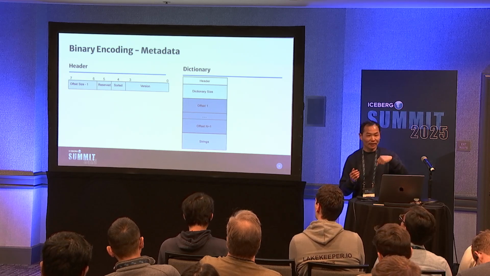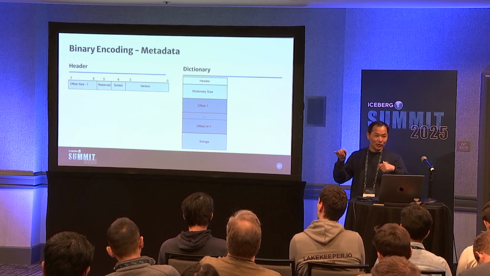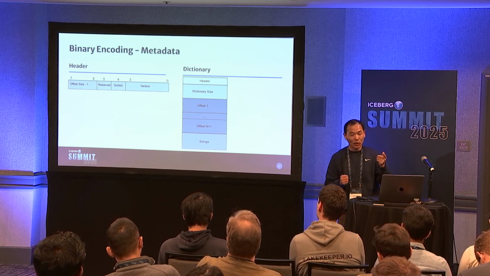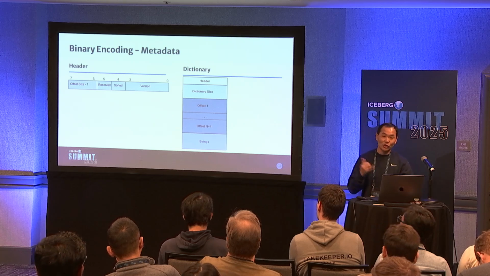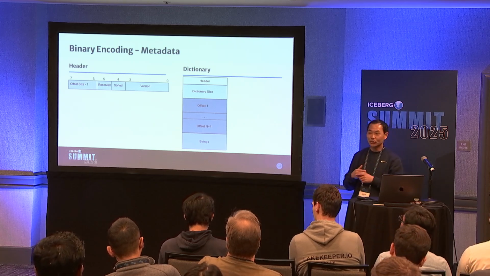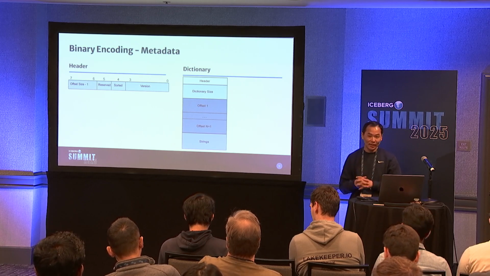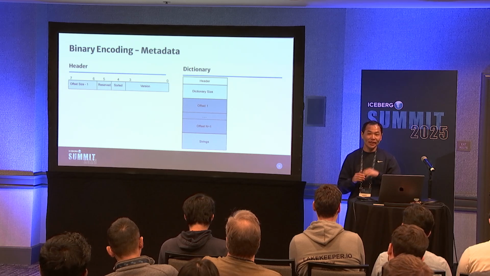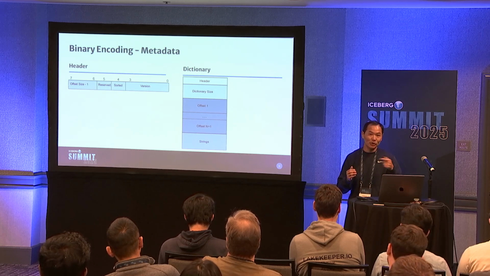And then later on the value side, you use an index rather than encode the strings. That saves space if keys are repeated, right? You can reduce space.